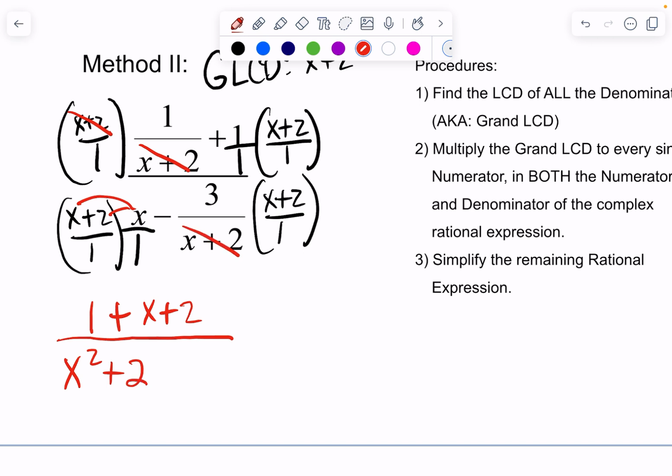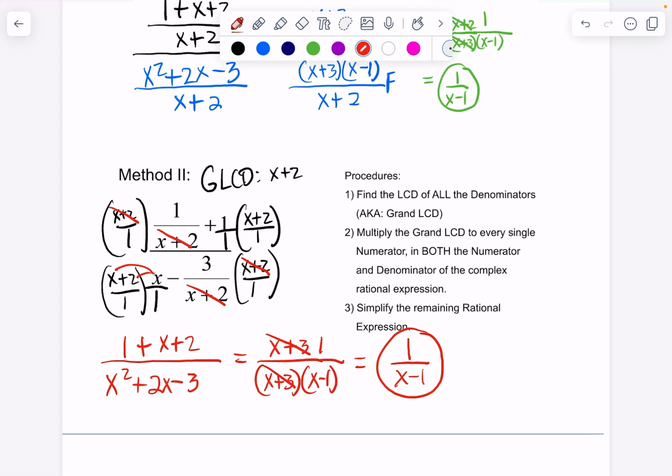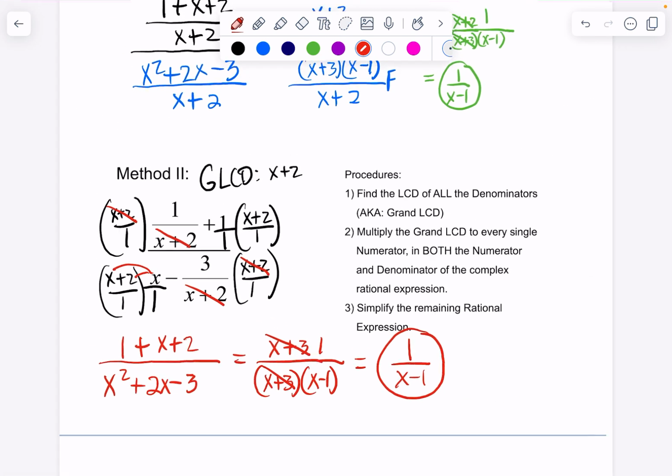The x plus 2's cancel here, leaving me with a minus 3, and that's going to give me x plus 3 over, factor this out, x plus 3 times x minus 1. The x plus 3's cancel out, and I am left with 1 over x minus 1, which again is the exact same answer that I got using method 1.